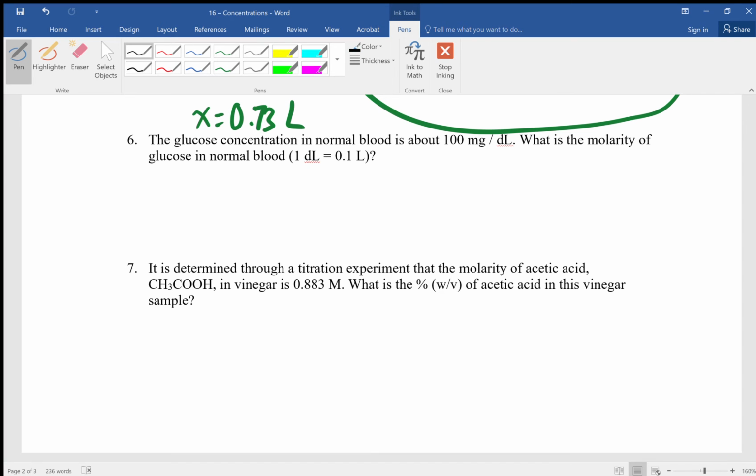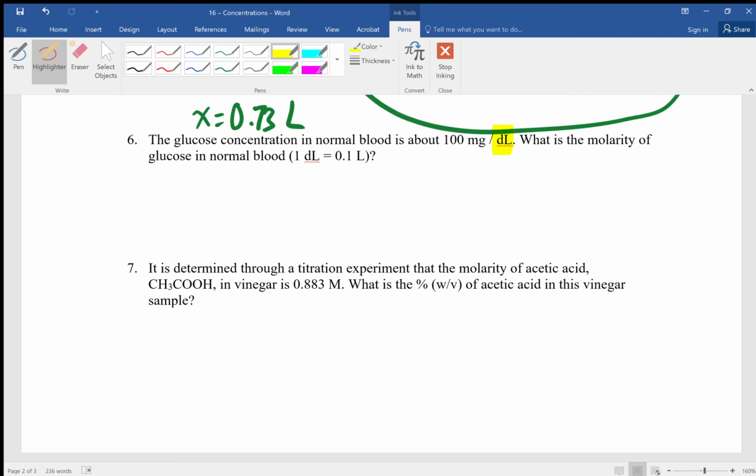Now our next question is another molarity question. This one deals with the concentration of glucose in blood. So one of these units we didn't talk a whole lot about before, but it's another metric prefix, is the prefix deci, D-E-C-I. And deci is essentially 1/10 of the original amount.